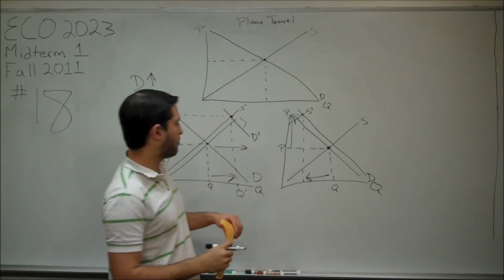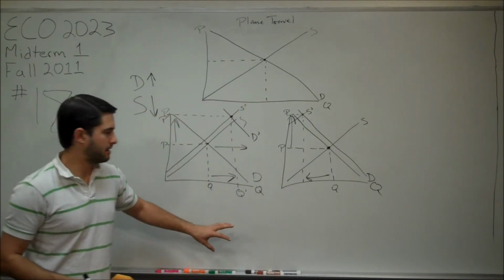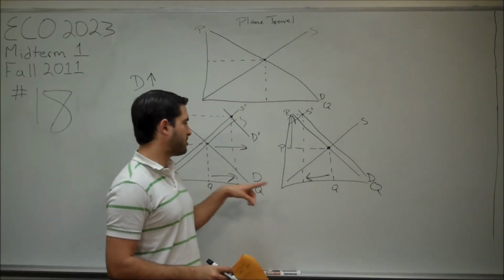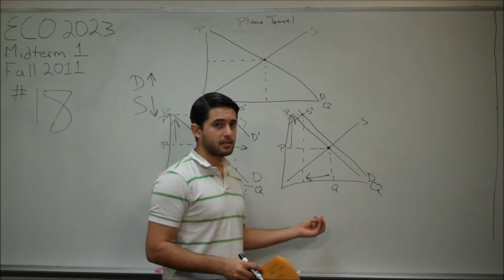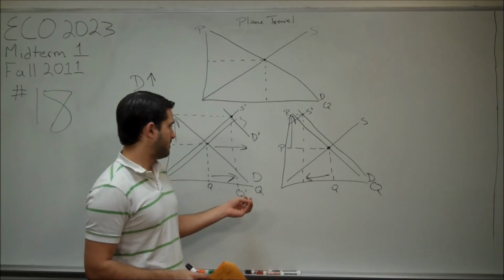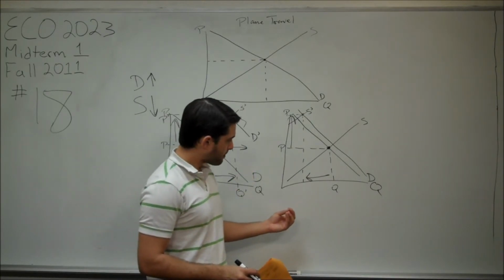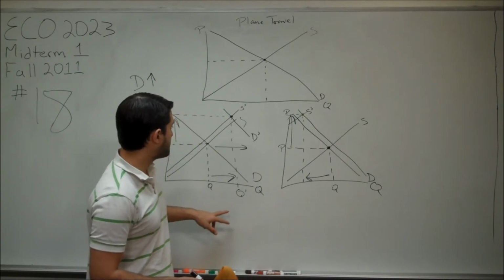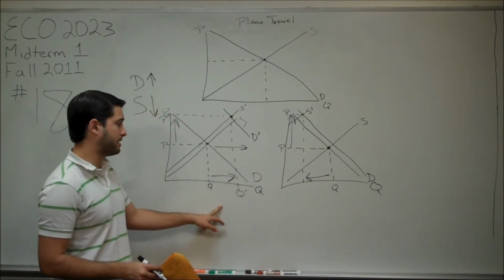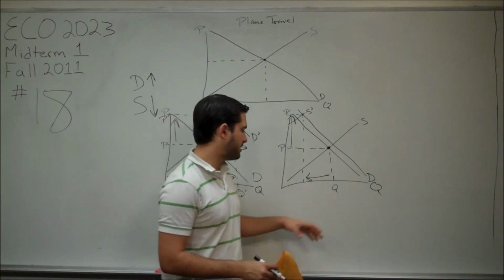And that's exactly why we do this two-step process, because you see, depending on which factor affects the outcome more than the other, you're going to have two different outcomes for quantity.